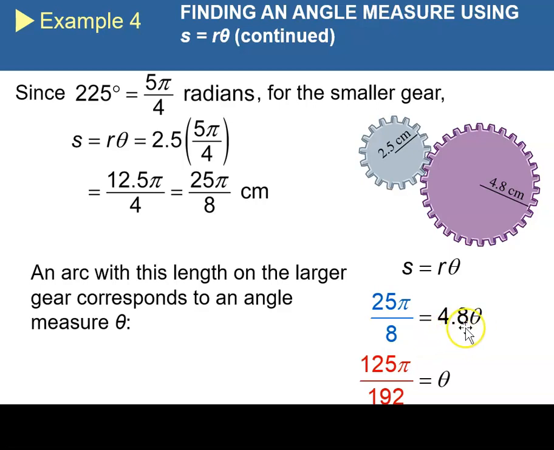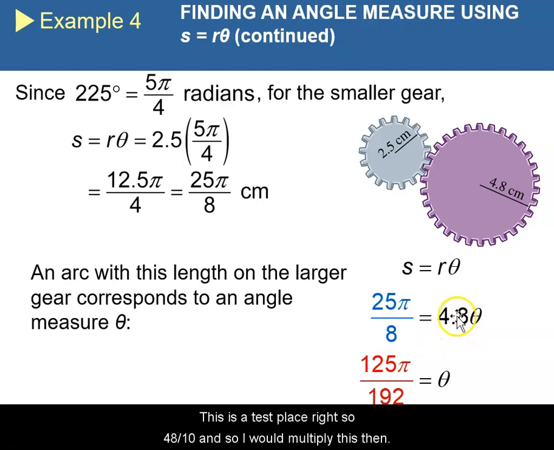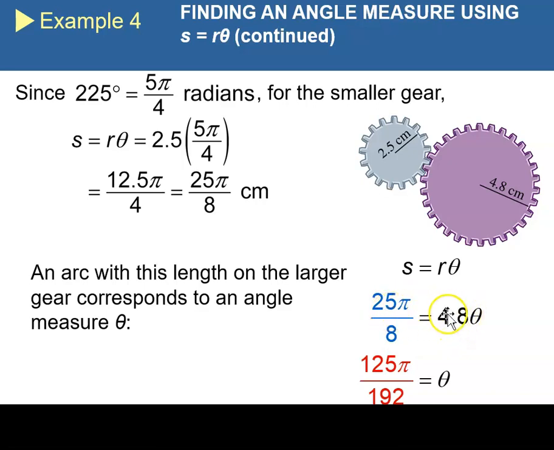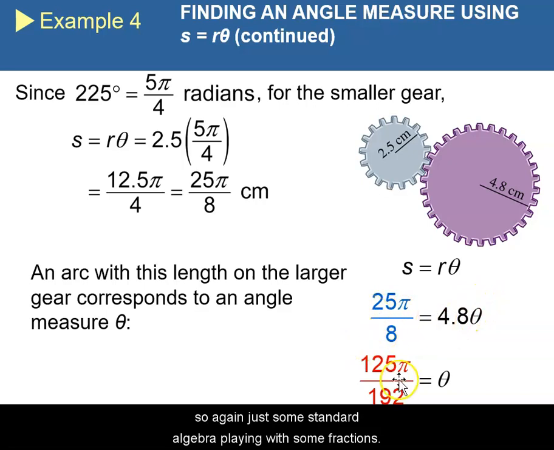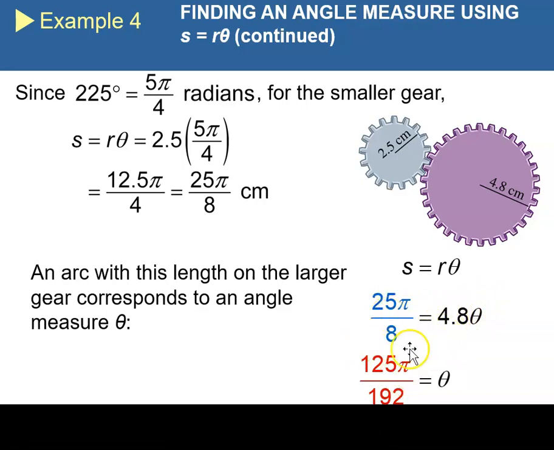So I would multiply this by 10 over 48 in order to divide it. Okay, so again, just some standard algebra, playing with some fractions here, in order to get an exact value. So my exact value for theta is 125 pi over 192.